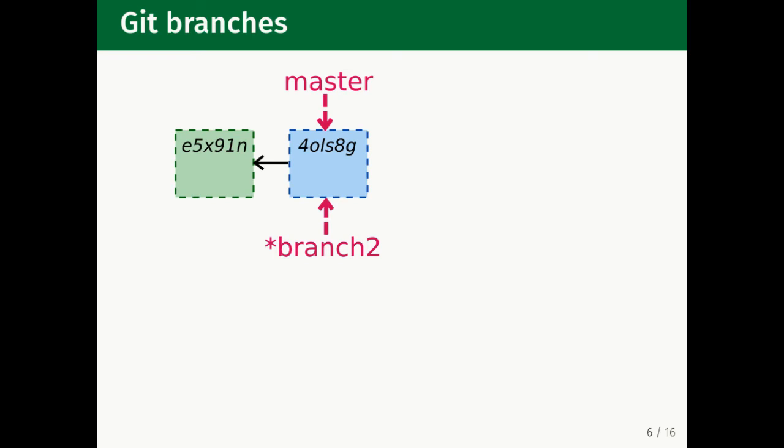Note that we have also switched to the new branch here, and the asterisk has moved to branch 2 to denote this change. At this point in our project's life, we could switch back and forwards between the two branches, and the versions of the files would not change, because both branches are pointing to the same commit, and hence the same version of each of the project's files.